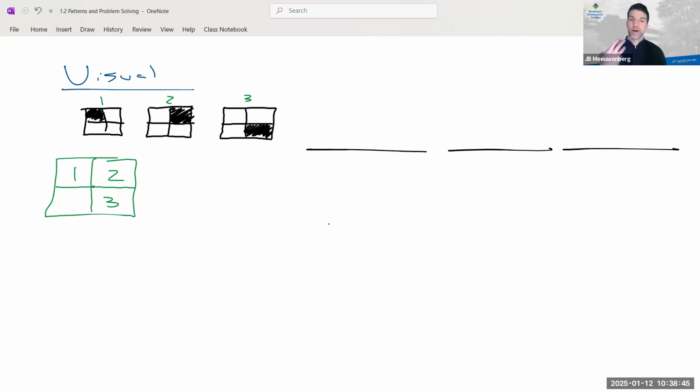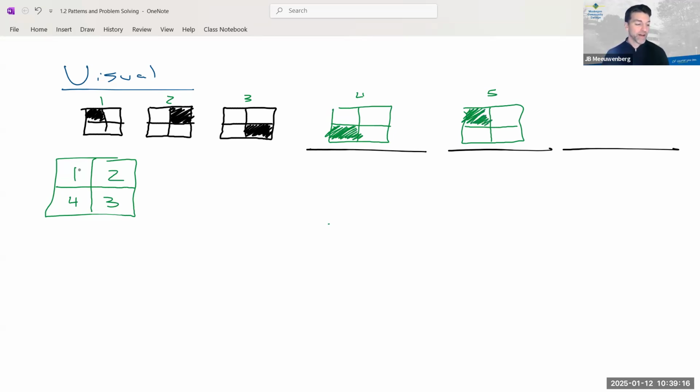So can we presume then that the fourth one would be shaded down there? I think so. So our fourth one should be shaded down here. And then if we're going to assume this pattern continues, we can reasonably assume that we would just keep going and reshade back in this first position here.